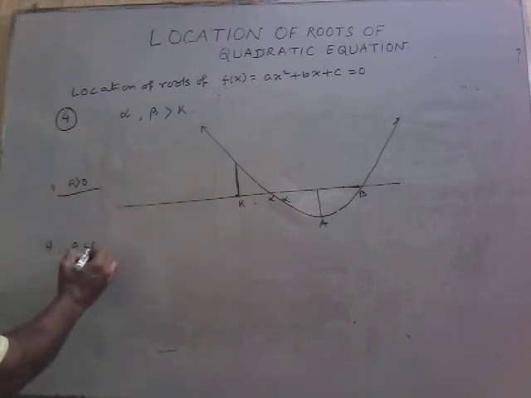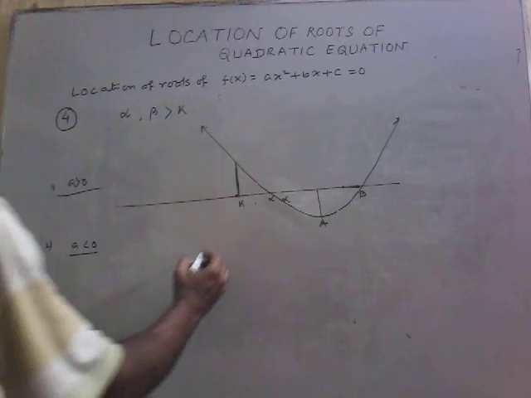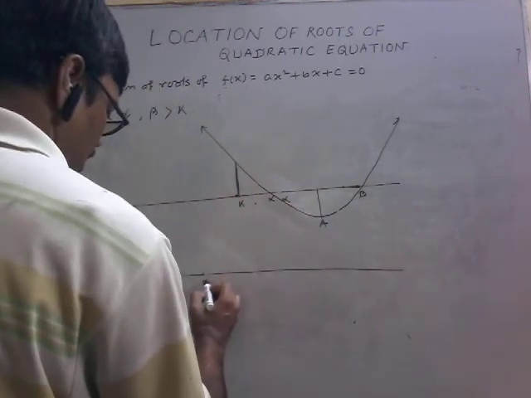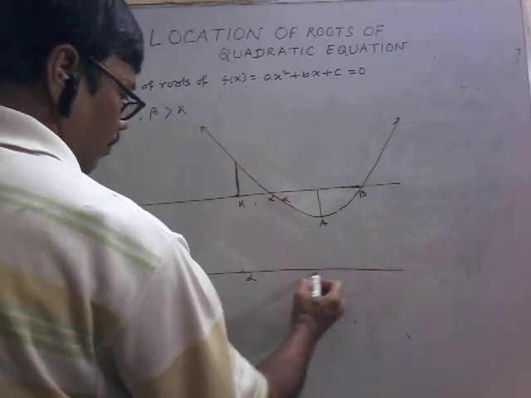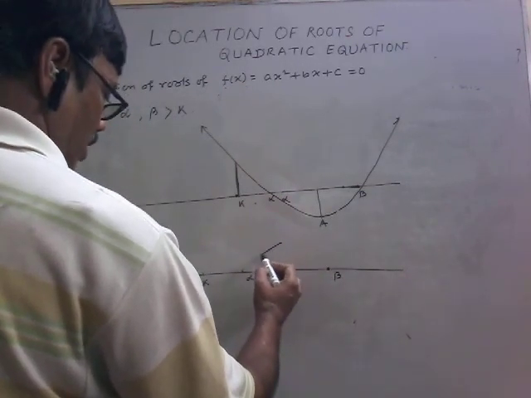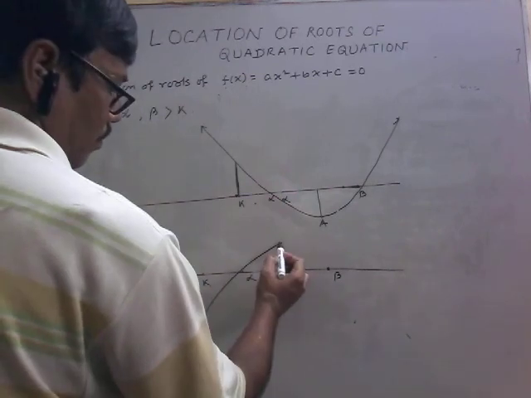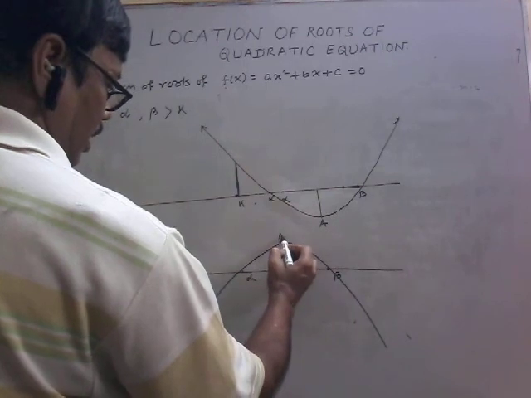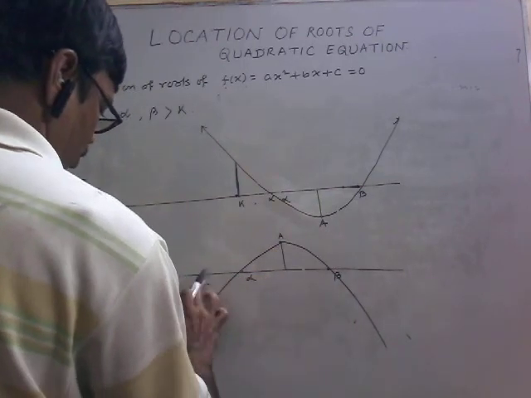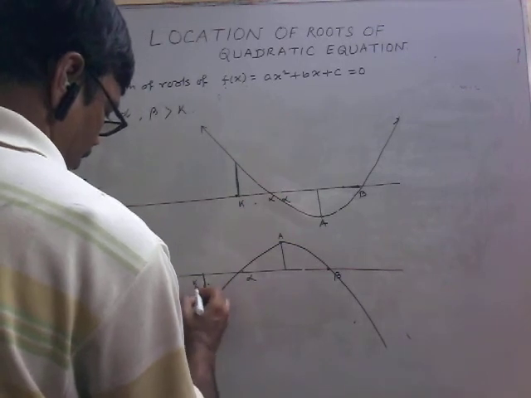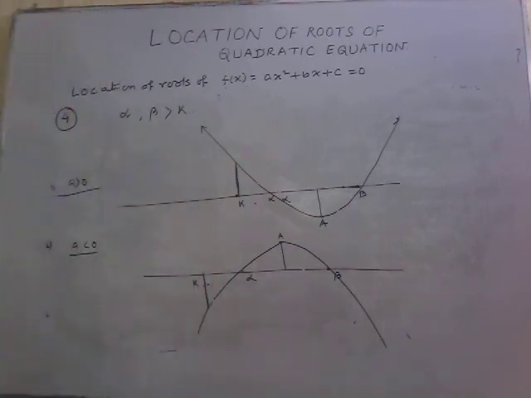For a less than 0, look, same k, this is alpha, this is beta, so the figure will be like that, parabolic arcs, this is a, and this one is fk.